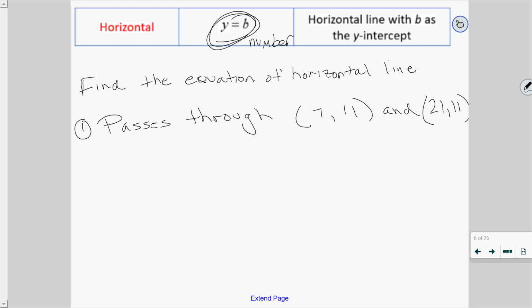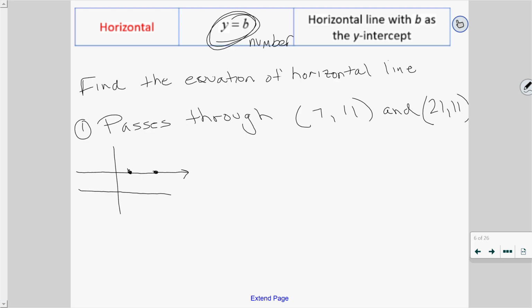So plot them. I'm going to totally do just a rough sketch. 7, 11 is a point right about there. Then 21, 11, point right there.